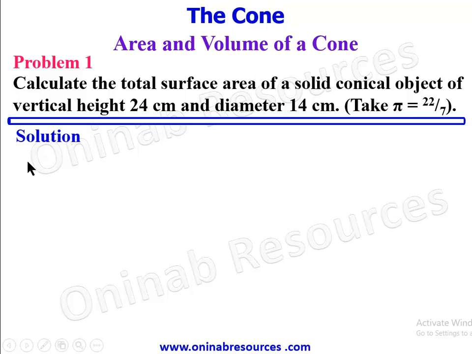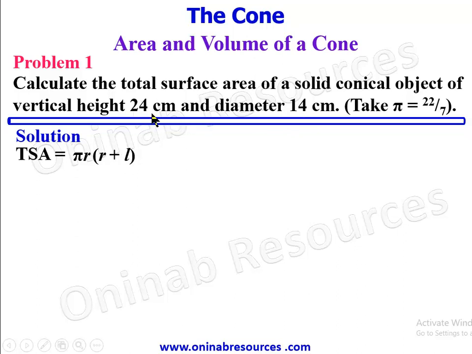So the formula for the total surface area we just established is pi r into (r plus L). So we now substitute in the values of pi to be 22/7. The radius is going to be obtained from the diameter, which is diameter divided by 2. And the slant height is not given.